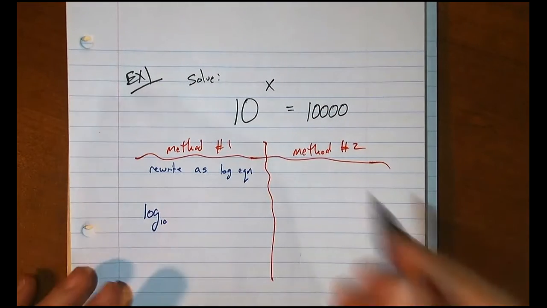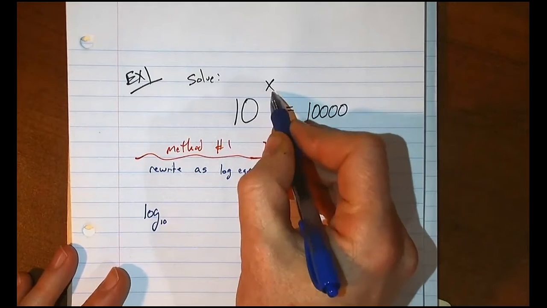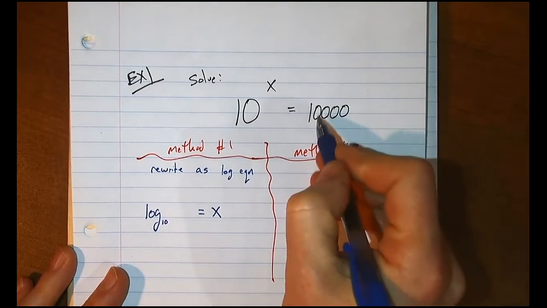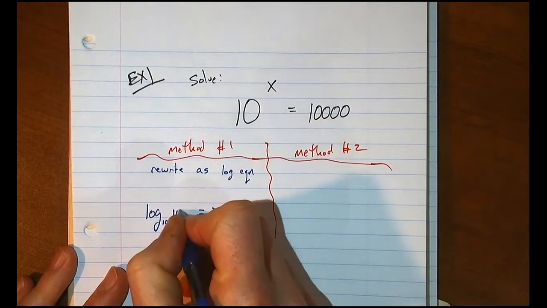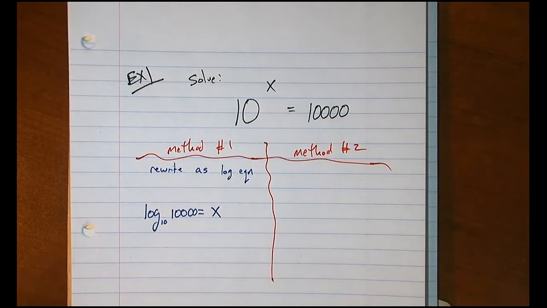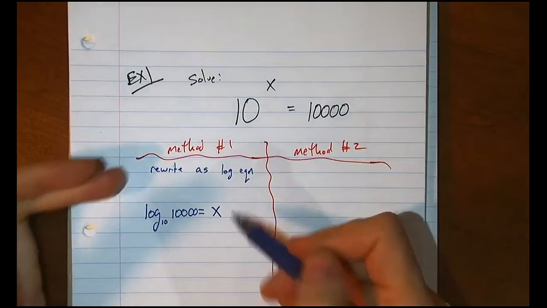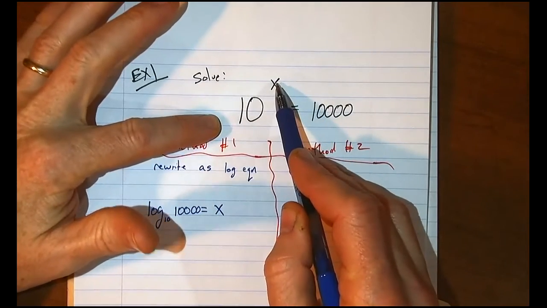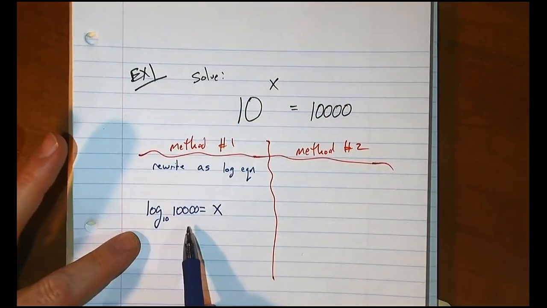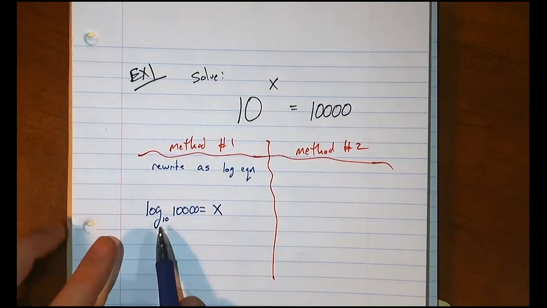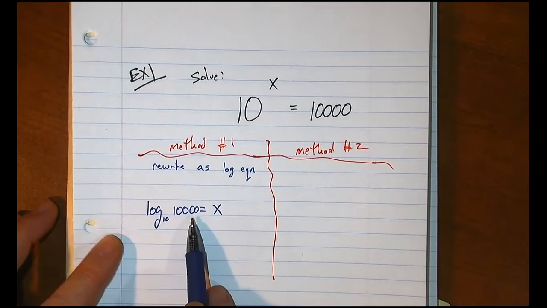The thing that was in the exponent becomes your answer, and the thing that was the answer goes into the logarithm. Oops, I need one more zero. Notice when I take this equation where x is inside of the exponential and rewrite it as a logarithm, now the x is by itself. Well, as long as I can figure out what this equals, I'm done.